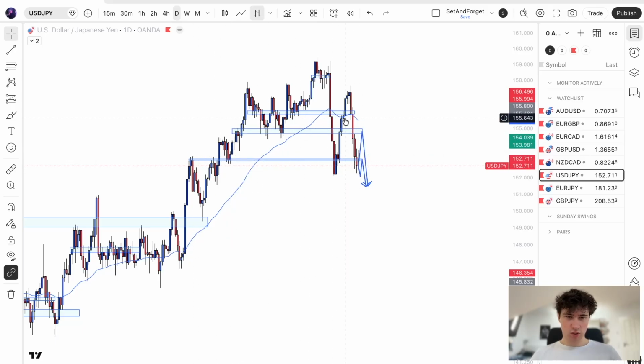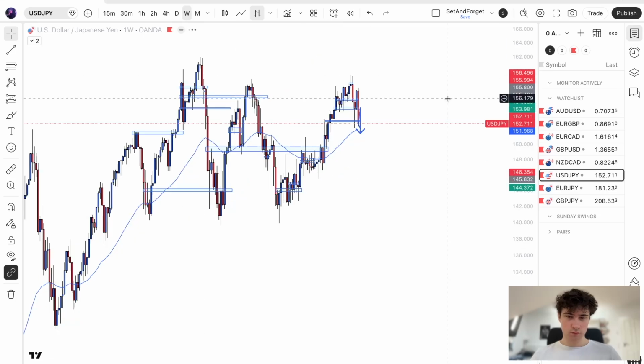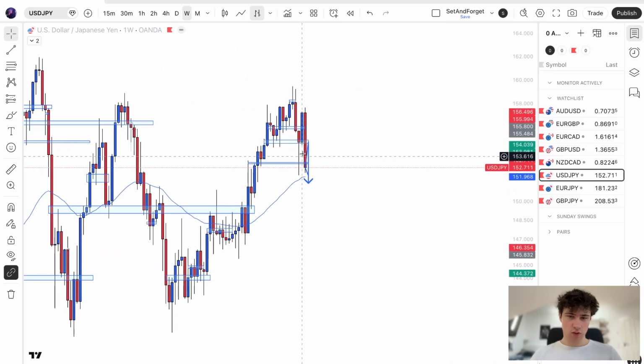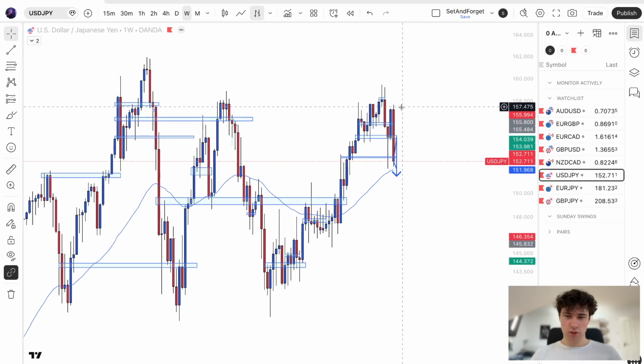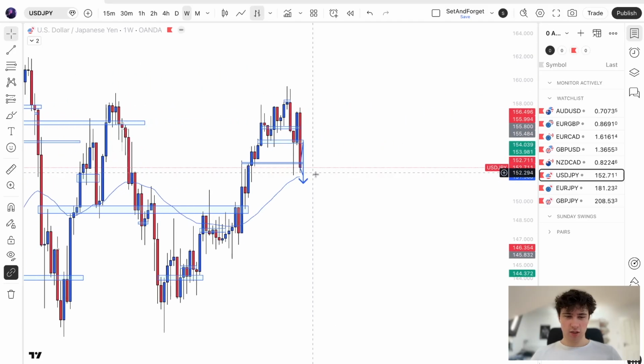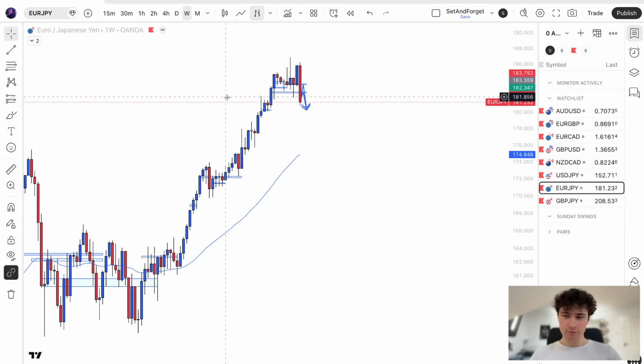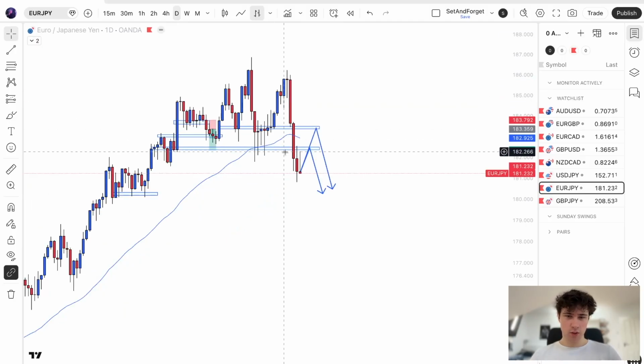This is also a strong area of interest. We have a super huge bearish engulfing on the weekly chart. So if we do get a retest, we can look for continuation sells.